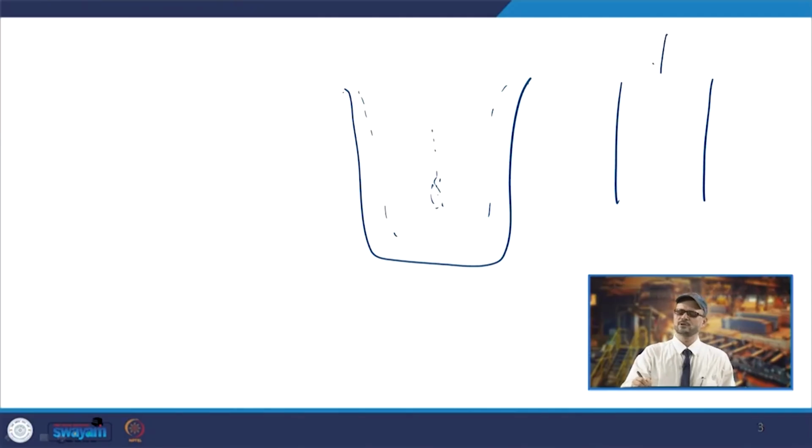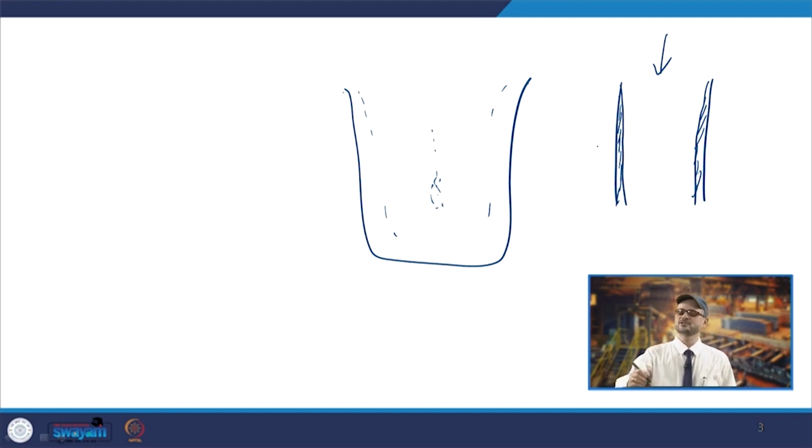The challenge was the solidified shell on the sides. You have the open top and bottom, and you are pouring the liquid metal, so it will get solidified. Now, this solidified layer has to leave, it has to come continuously downwards, otherwise it will be a fixed layer and cannot go further. So, you had to do something so that it should come down and leave.